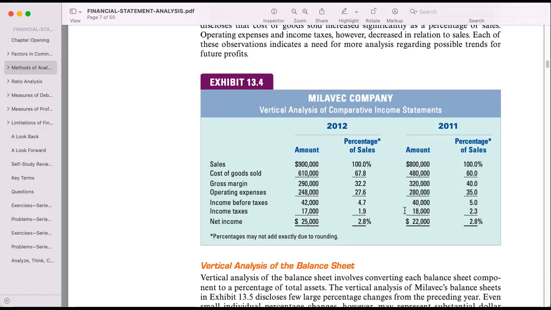Look at sales, 900,000. How is it interpreted? Sales is made the key statement figure here, so it is 100%. In vertical analysis, it compares how much is the percentage of cost of goods sold to sales. So 610 is 67.8% of the sales.